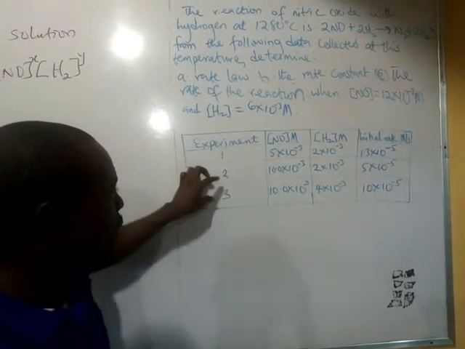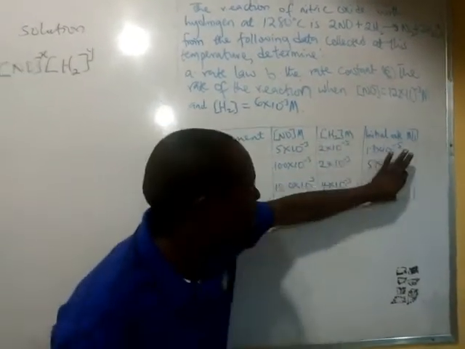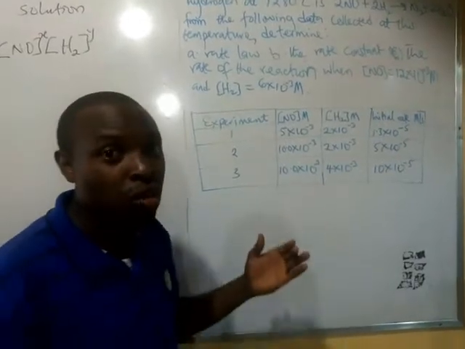If you check, it is experiments 2 and 3, where NO is constant. I will relate these two to get the order of H2.